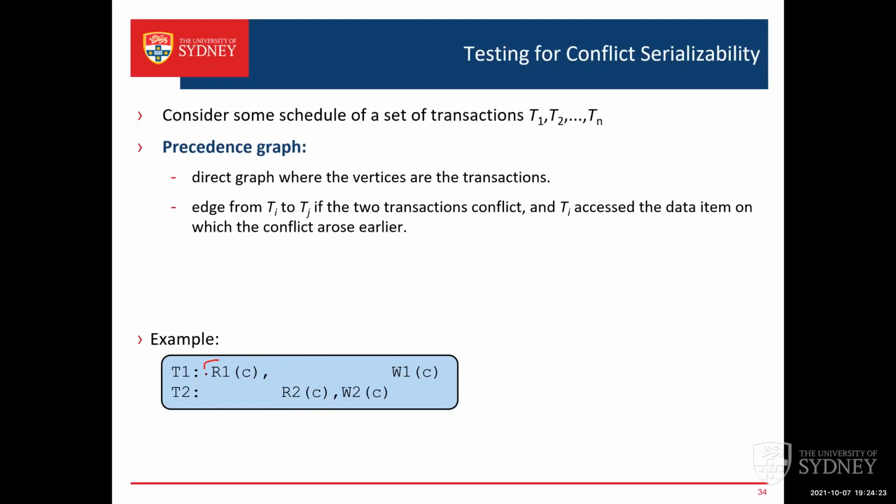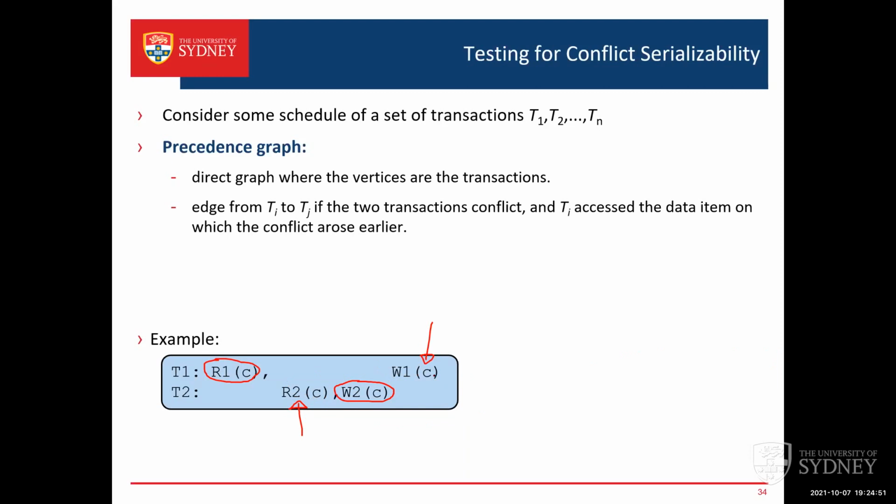What about this one? These two, are they conflicting? Yes, everyone said yes. So we found one conflicting pair. What is the other one that we have? Think about this one and this one. R2C and W1C. Is this conflicting?